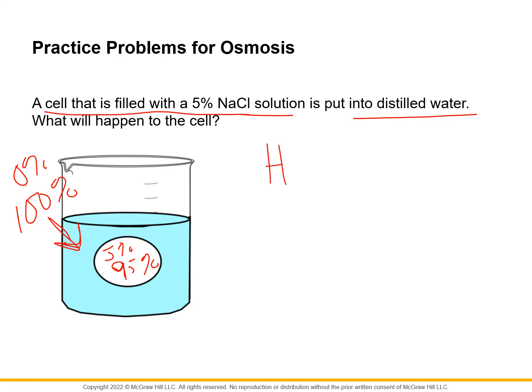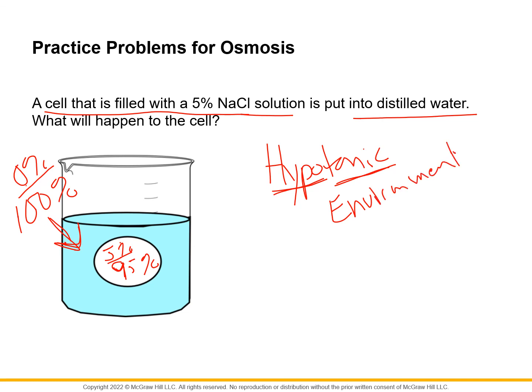Remember, hypo means lower, like hypothermia, lower temperature. Tonic refers to solute. So which one has the lower solute? Well, 0 is lower than 5, so the environment is hypotonic.